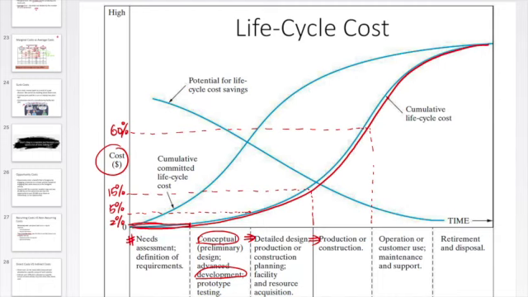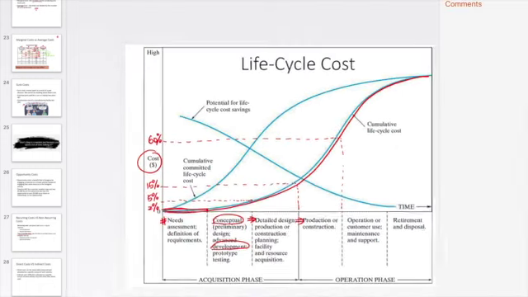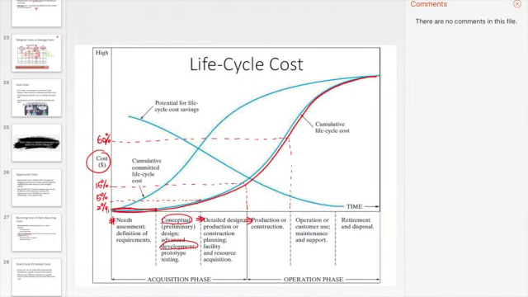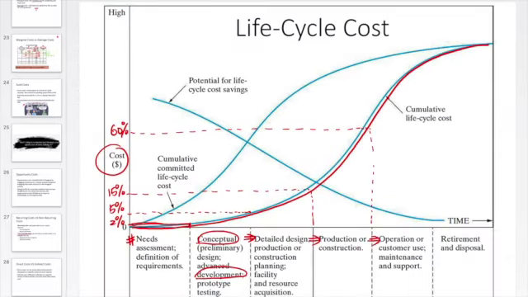And then after that you need to hire somebody to manage things, to operate this, to maintain and to support the facility. And then you might have the whole structure disposed and retired. So that's the end of the life cycle, okay?